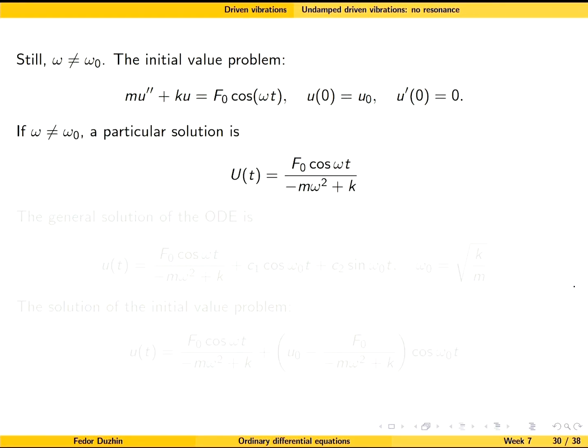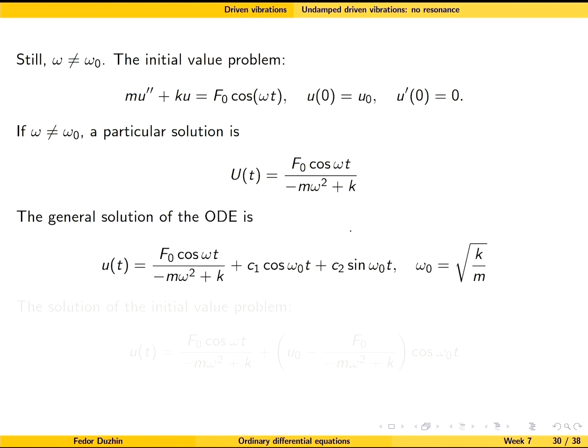Note that this is not going to work if omega equals omega naught. Why? Because if omega equals omega naught, then the denominator here becomes 0, and this formula does not work.